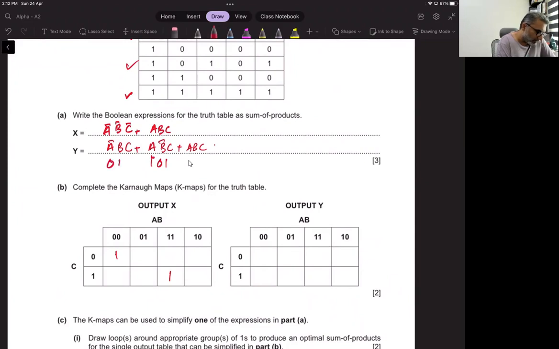So this is 0, 1, 1. Then 1, 0, 1, and then 1, 1, 1. So here we go.